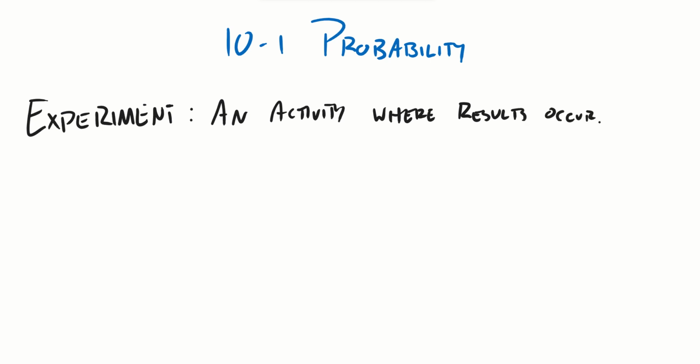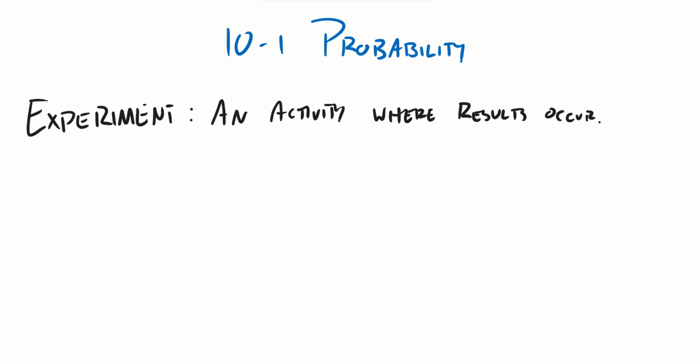An experiment is just an activity where results occur. So if I do something and I get a result of that thing, that is an experiment. In science, all the time when you do experiments, you're looking for something to happen. So you're trying to find out what's happening in these experiments.